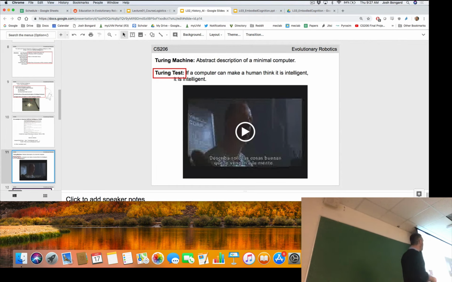This brings us to the Turing Test. Turing is famous for lots of things, Turing machines, but also the Turing Test. Eliza fails the Turing Test because a human that's talking to Eliza very quickly recognizes this is not a person. Most internet chatbots today, even the most sophisticated ones, still fail the Turing Test.